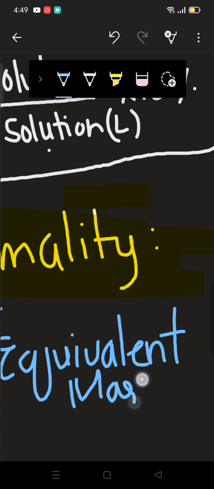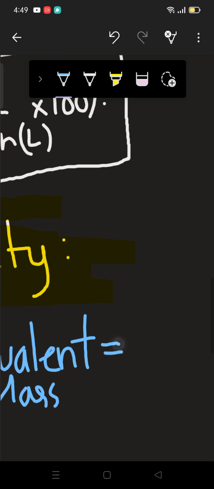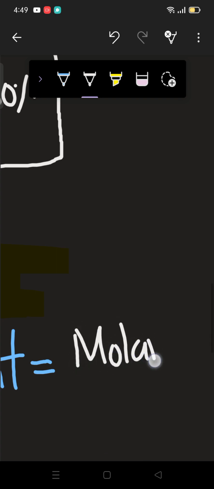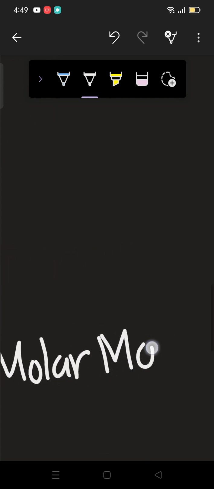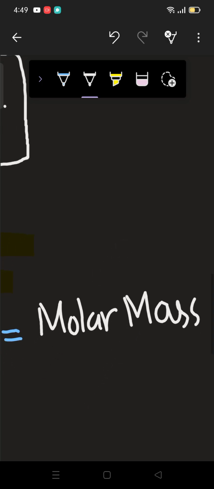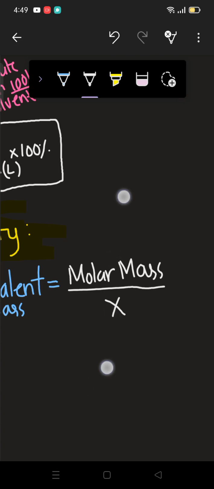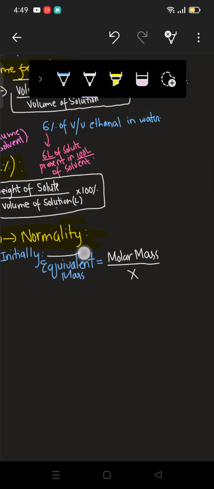Equivalent mass of something is equal to the molar mass per unit x. Now see, what does x represent here?